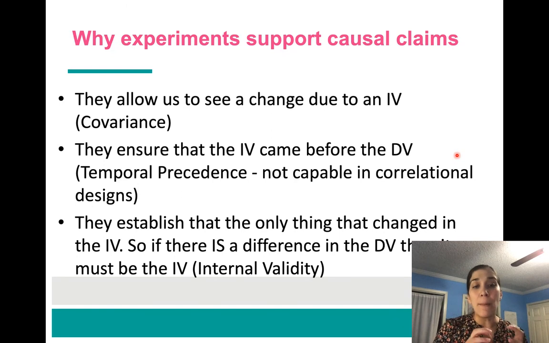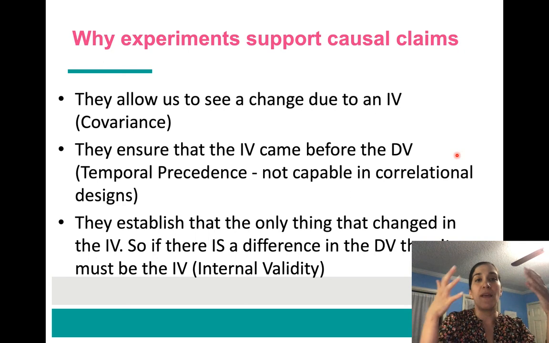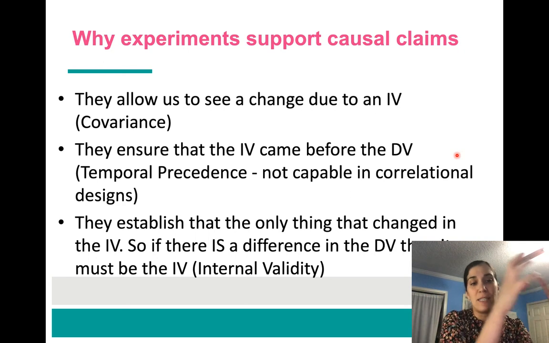And they establish that the only thing that changed is the independent variable. And so if you see a difference in your dependent variable and the thing that you're measuring, then the only cause is your independent variable, because everything else was controlled for, everything that's systematic is controlled for. And we call this internal validity.